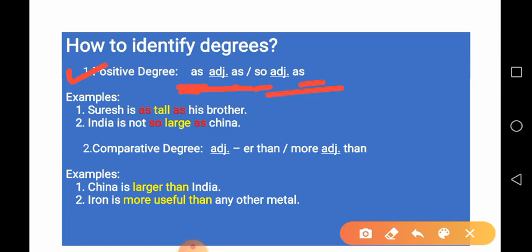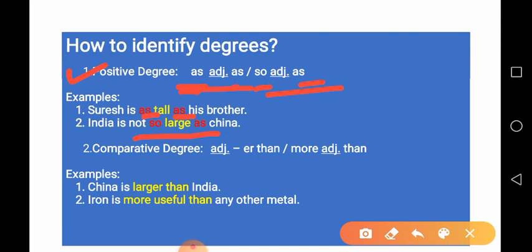See, that word tall is an adjective and it is written in between as. So, this is called an example of positive degree. In the next example, India is not so large as China. So, you can see so large as means adjective is written in between so and as. So, this is also an example of positive degree.